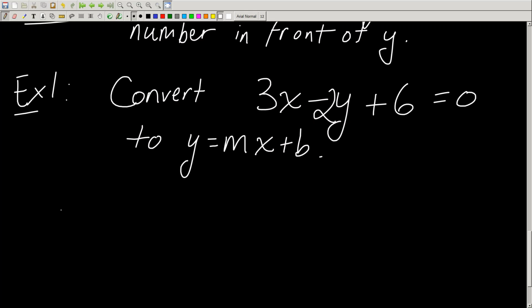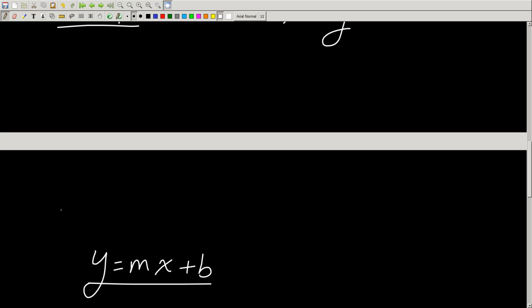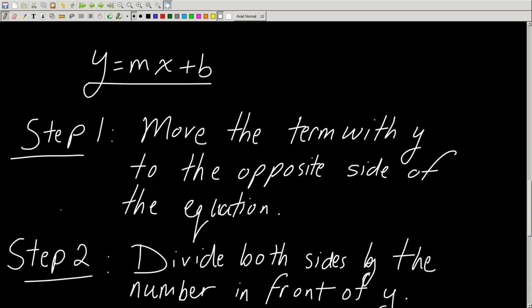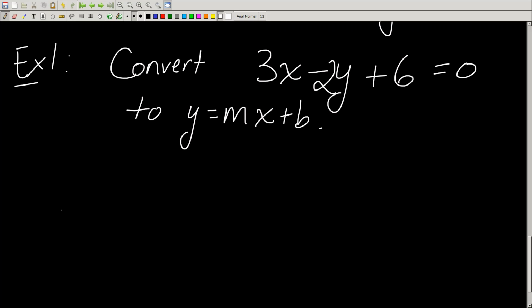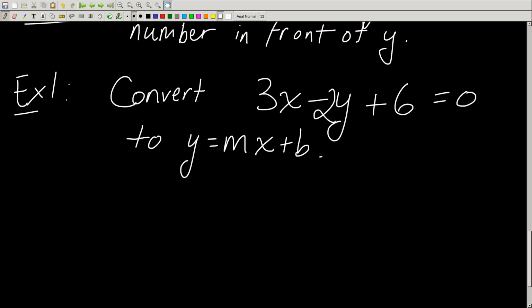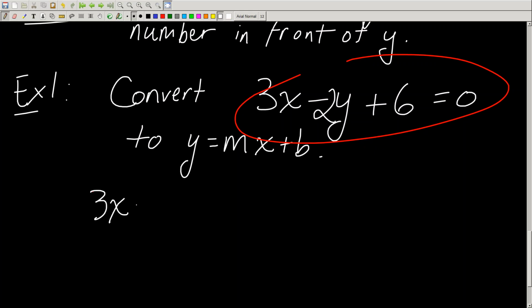So what we have to do is we have to follow the steps. What does step 1 say? Step 1. Move the term with y to the opposite side of the equation. No problemo. Let me just rewrite this equation in standard form down here. So let's see here. 3x minus 2y plus 6 equals 0.